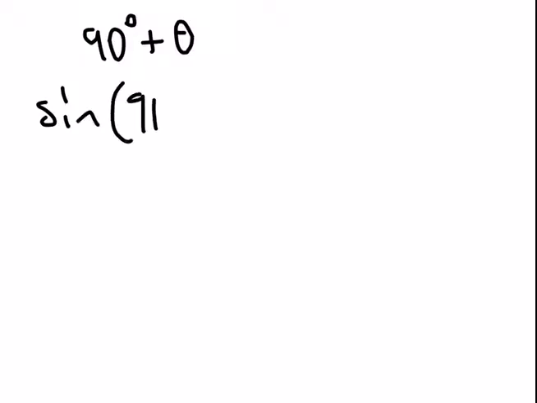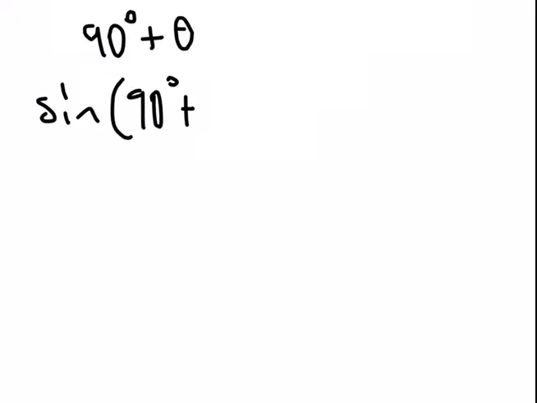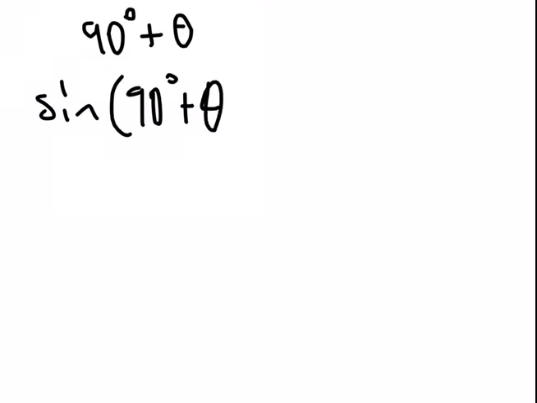So, let's now look at the other function. The function where we have 90 degrees that we have to plus with an angle. Obviously, in this case, again, we can talk about sine of 90 degrees that we will plus with that angle.